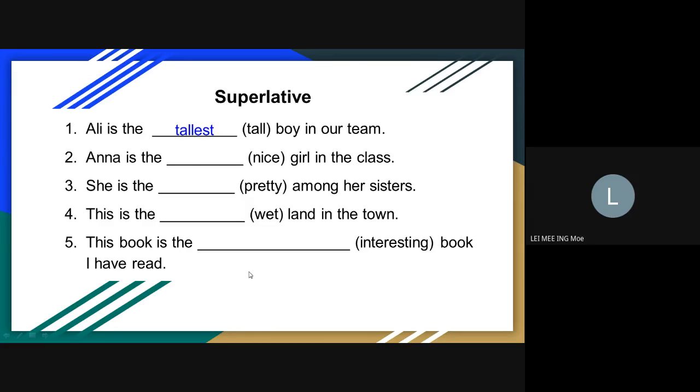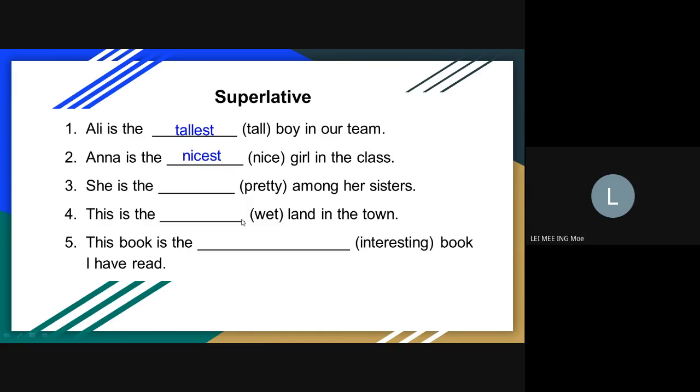Yes, the answer is nicest. So we have the in front of our blank here. We have E as the last letter, so you plus ST. This answer follows rule number 3, plus ST.